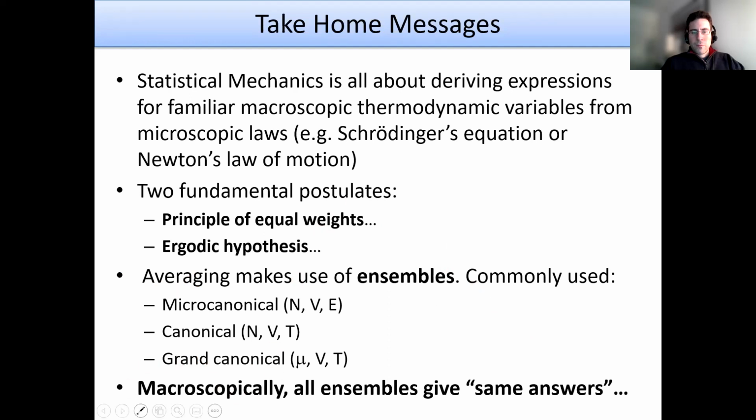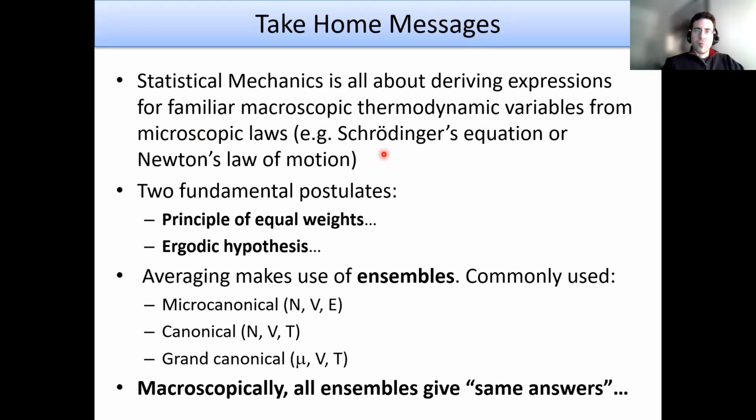So this is what I point out here in the take-home messages. Macroscopically, all ensembles give the same answers. As I said, we're not going to discuss this in more detail. We're just going to take it as a fact. But just to summarize this lecture, statistical mechanics is all about deriving expressions for macroscopic thermodynamic variables from microscopic laws, like the Schrödinger equation that will give us the energy levels, right?